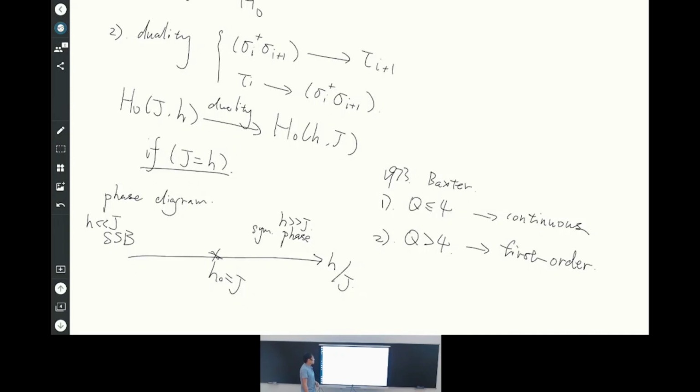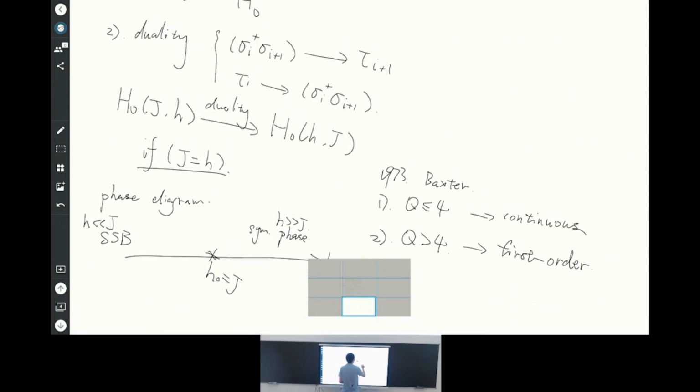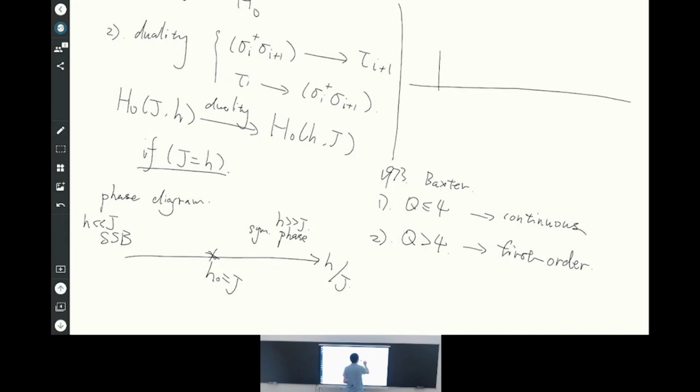And especially, we know that the nature of this first order transition becomes stronger and stronger when you increase the number of Q. For example, we can make a table of the number of Q and write the correlation length at the phase transition point.